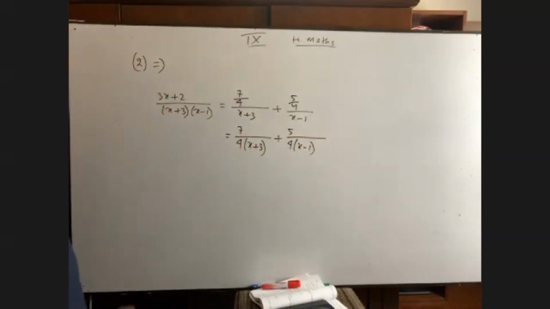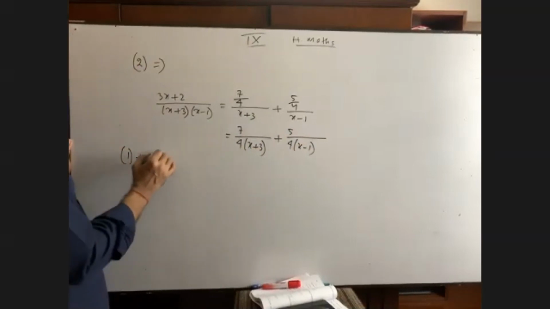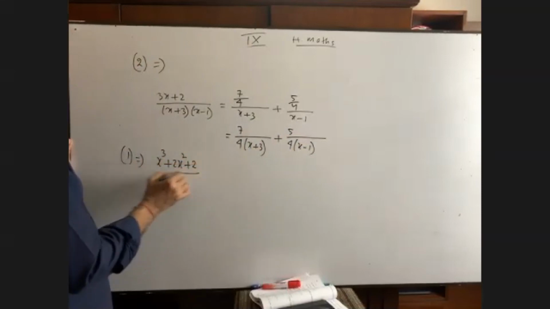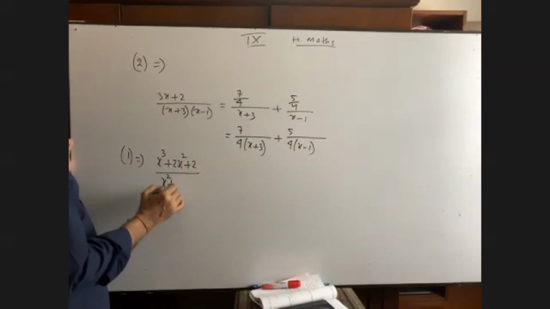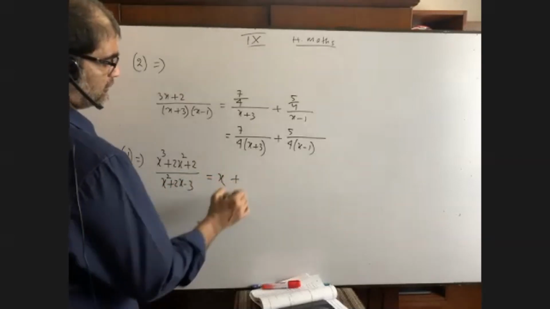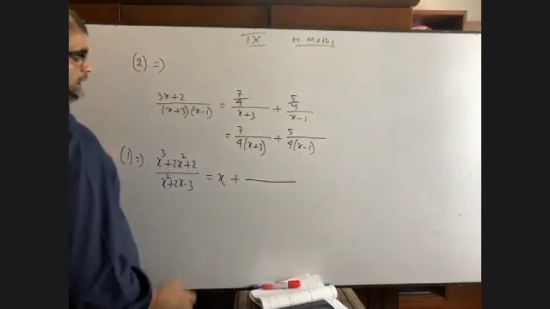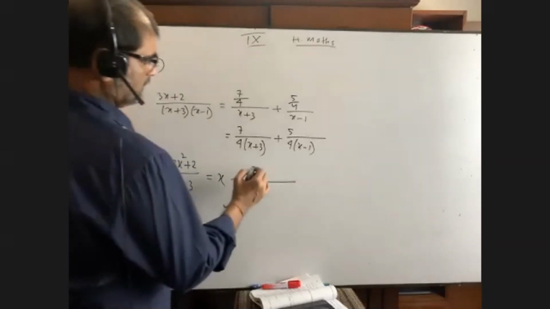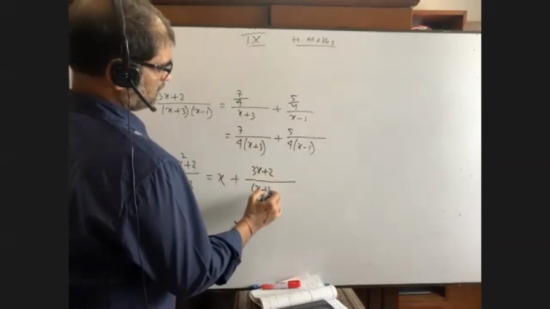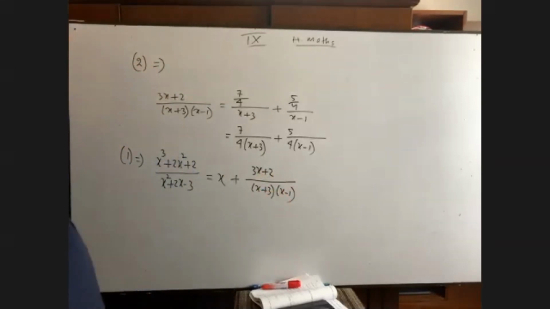Now write down 1 implies that. What was 1? x cube plus 2x square plus 2 by x square plus 2x minus 3. It was equal to x plus, can you remember? x plus what? 3x plus 2 by x plus 3. It was number 1. Perhaps you will come to know.